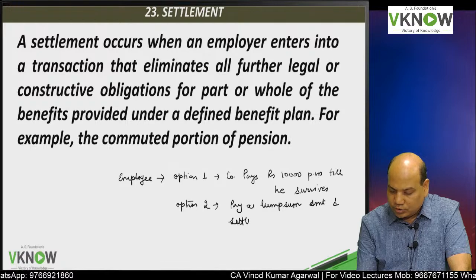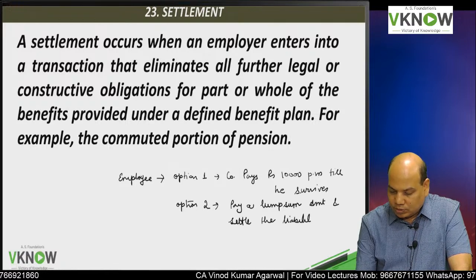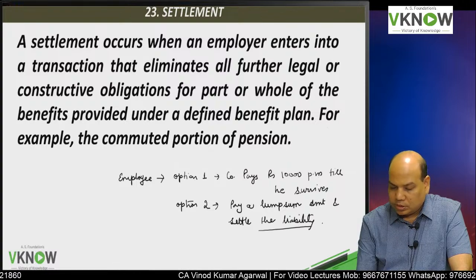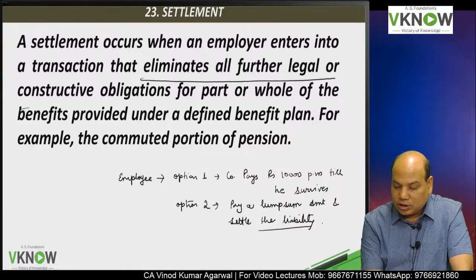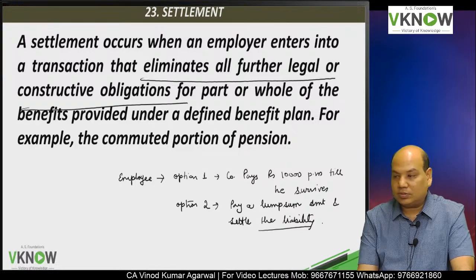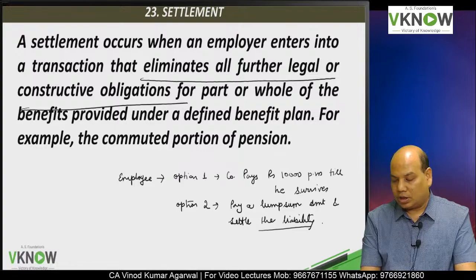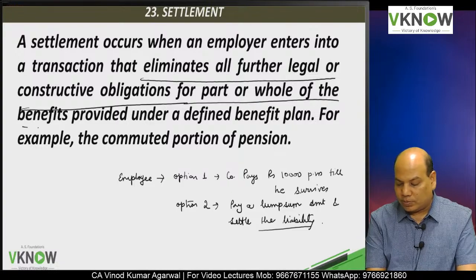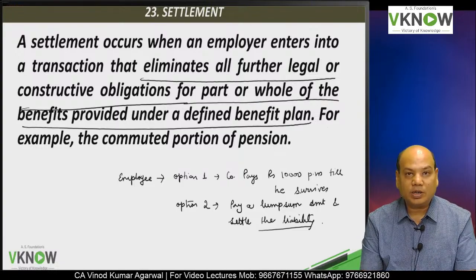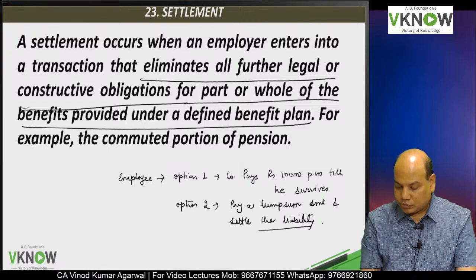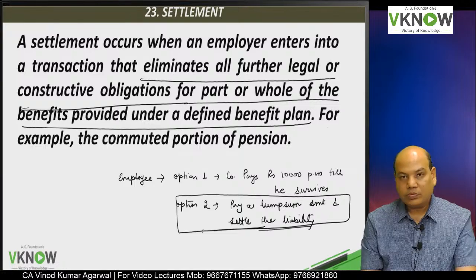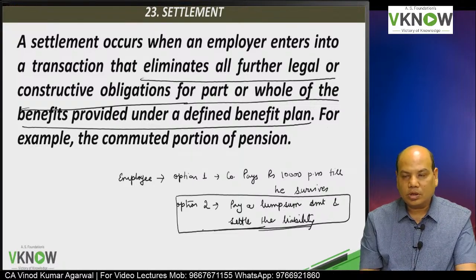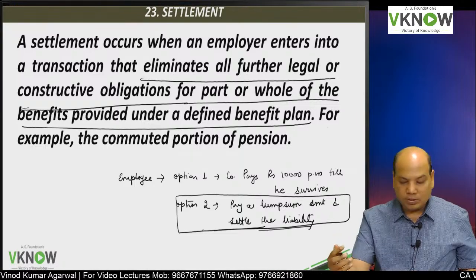You tell the employee that, dear employee, we are willing to pay you a lump sum amount which will eliminate all my further legal or constructive obligation, either for part or whole of the benefits provided under a defined benefit plan. Suppose the employee agrees for this. Employer and employee will sign the agreement.